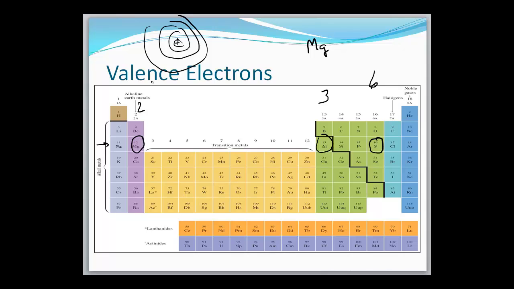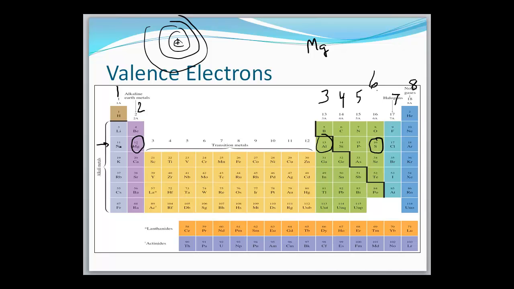So as you can probably tell, it's easy to determine how many valence electrons an element has by simply knowing what column it's in. So everything in the first column has 1 valence electron, 2 valence electrons, 3, 4, 5, 6, 7, and 8.